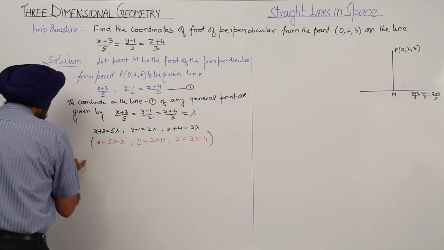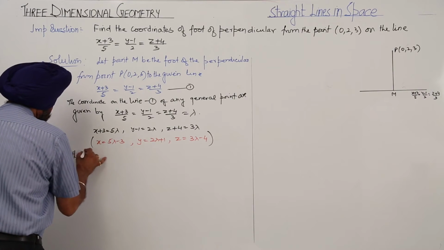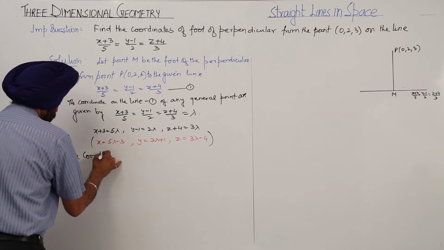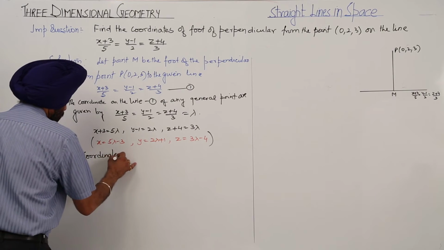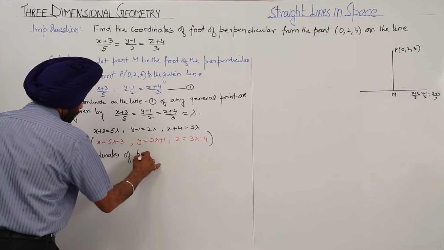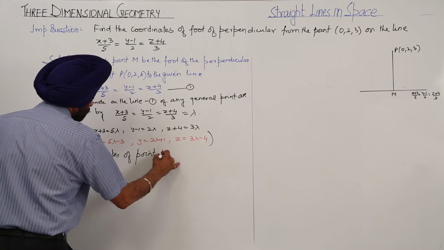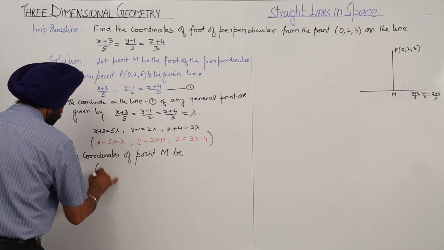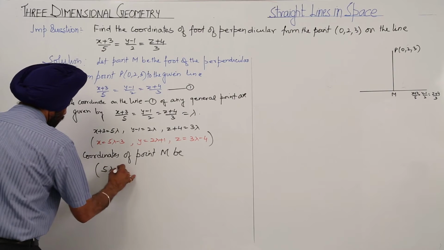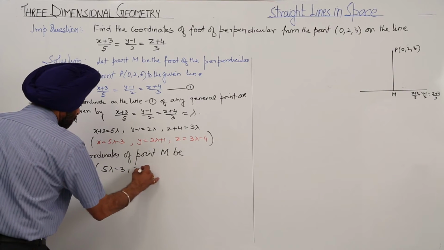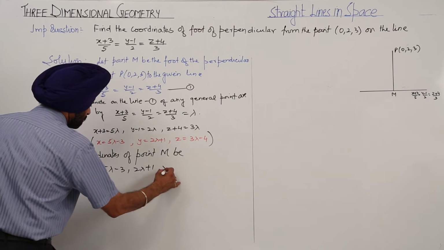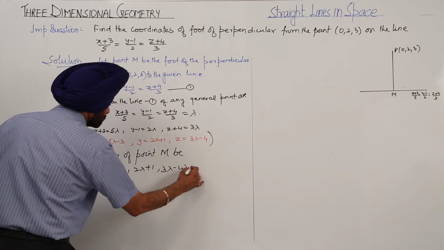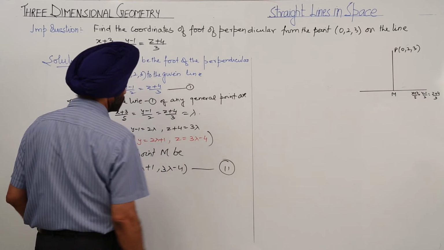Now, let the coordinates of point M be (5 lambda − 3, 2 lambda + 1, 3 lambda − 4). This is equation number 2.